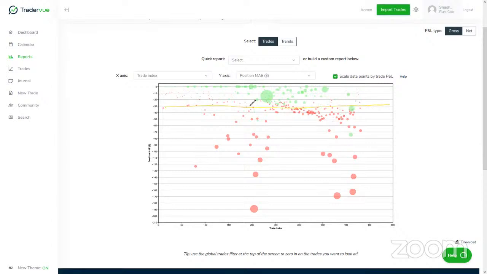Below 30, and this is by the way dollar value, below 30 bucks in this particular case, I don't see a reason why I should be holding onto a trade anymore. This allows me to know until what point I should be holding my trades in terms of that dollar value.